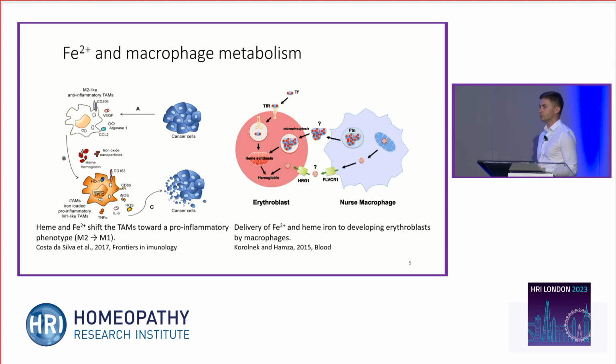We know from the literature that when heme and iron are present in the culture media, they may shift the polarization of tumor-associated macrophages toward pro-inflammatory, tumor-suppressing ones.